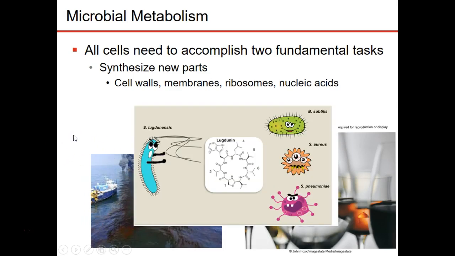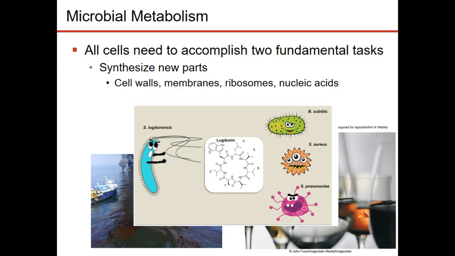And one of the most important things that microbes have produced through their metabolic processes are antibiotics. And so this is S. lugdunensis. I don't know this bacterial species very well. I was trying to find one that would show you that it produces an antibiotic.